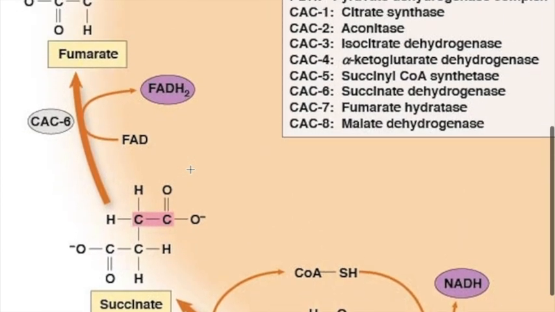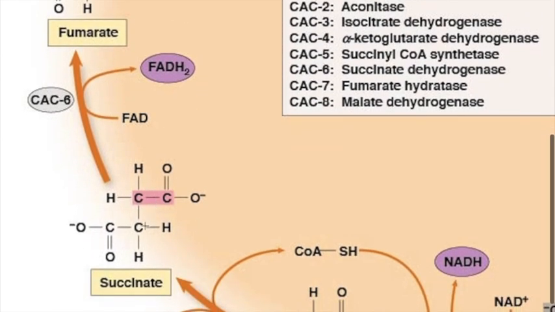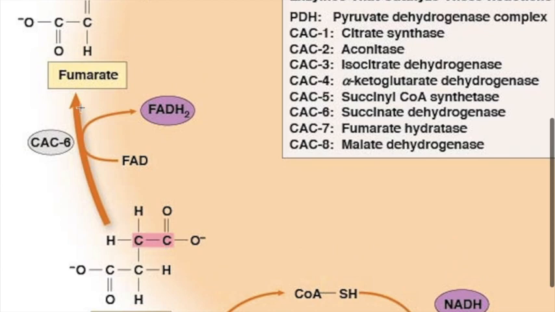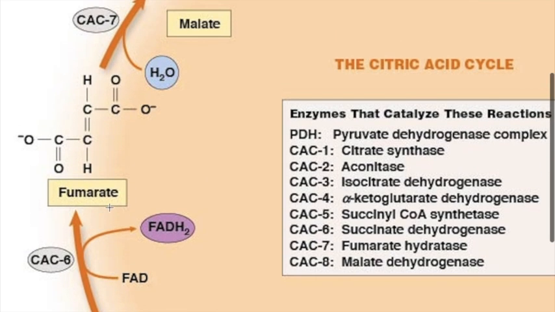So let's see what happens here. So succinate is turned into fumarate, and in the process, a high energy electron is transferred to a second type of electron carrier called FAD in order to generate FADH2, and that transforms succinate into fumarate.